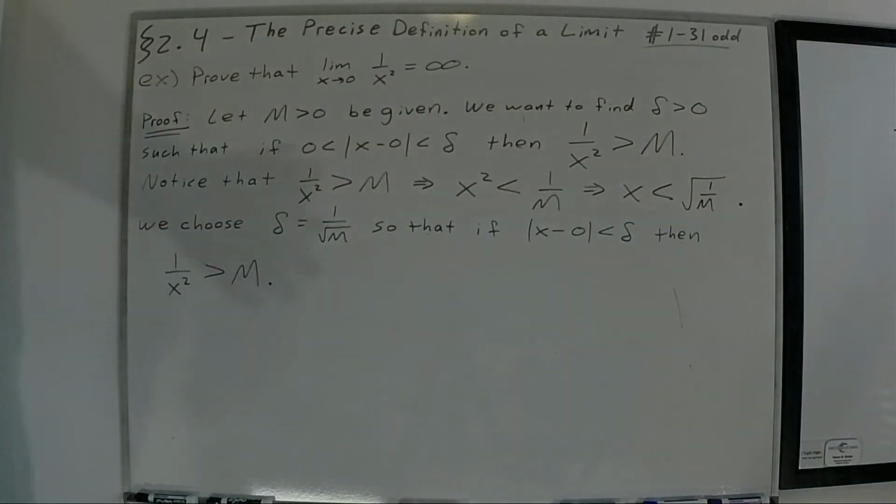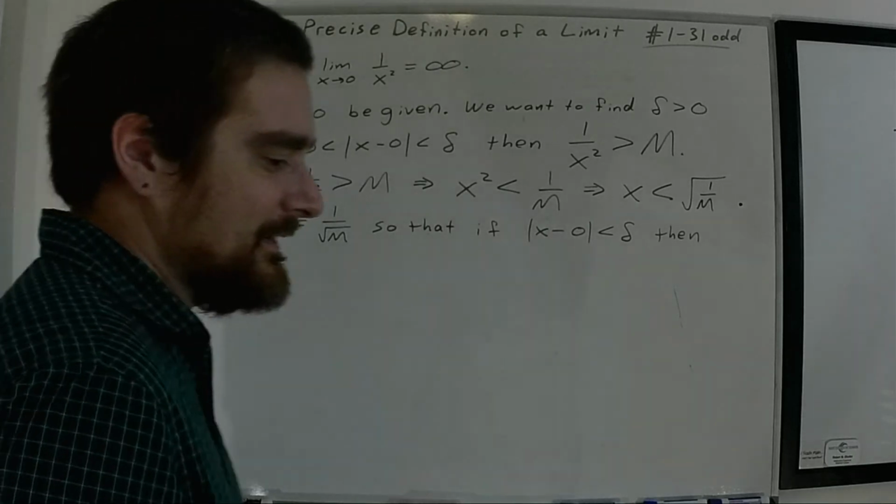So when we let delta equal 1 over the square root of M, well, we basically get our definition.